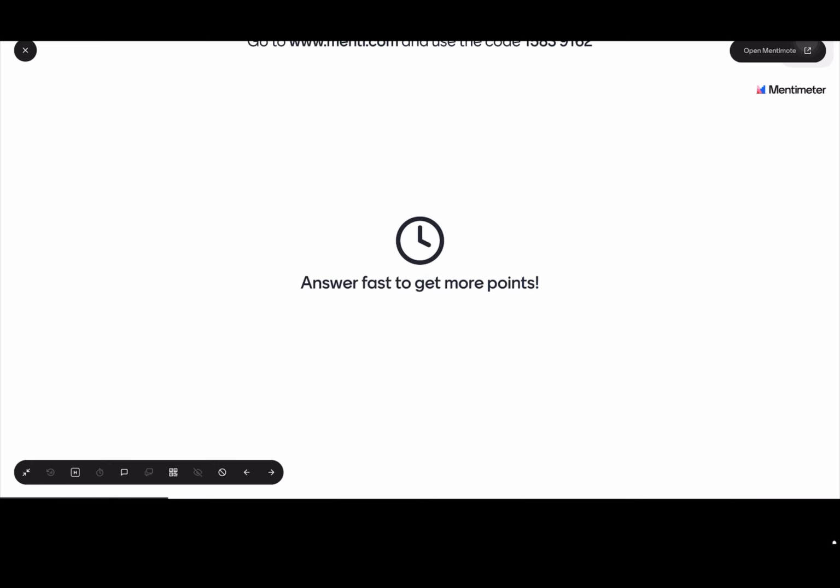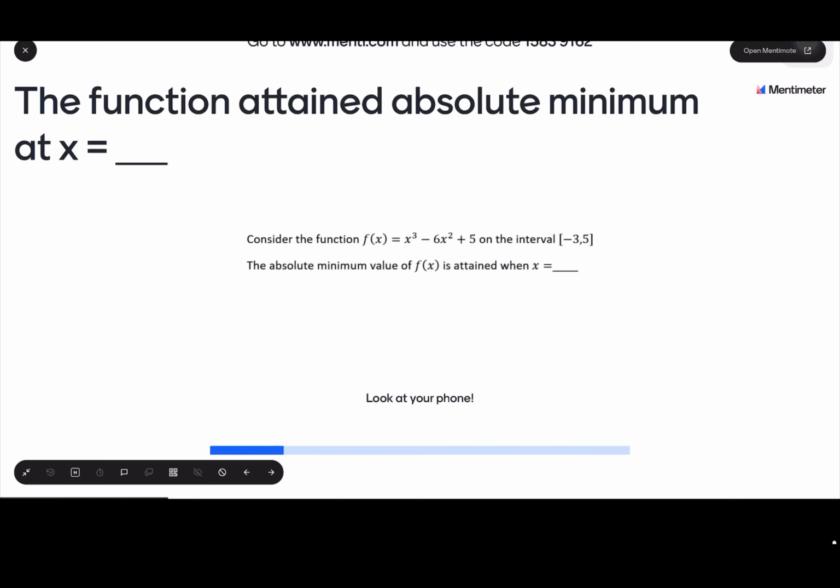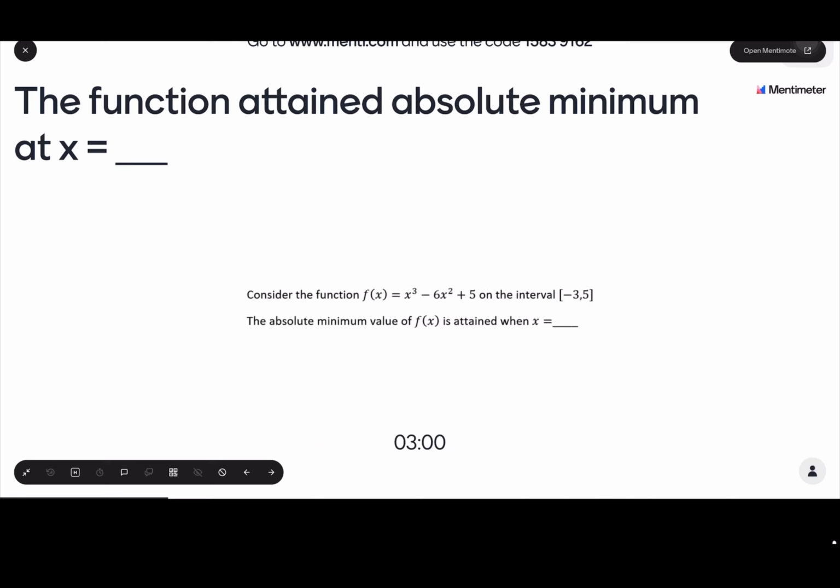For number 1, a little bit of calculation. I think you should be able to get this one. Remember that whenever you find the maximum or minimum value, one thing to do is find the critical numbers.